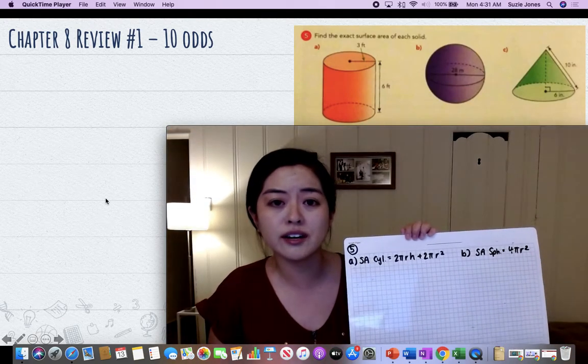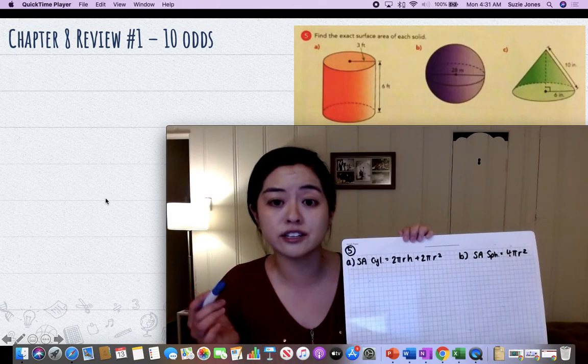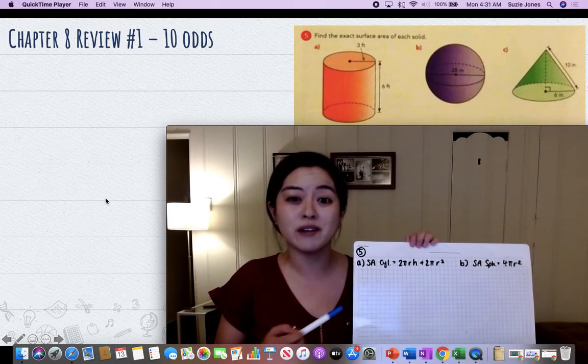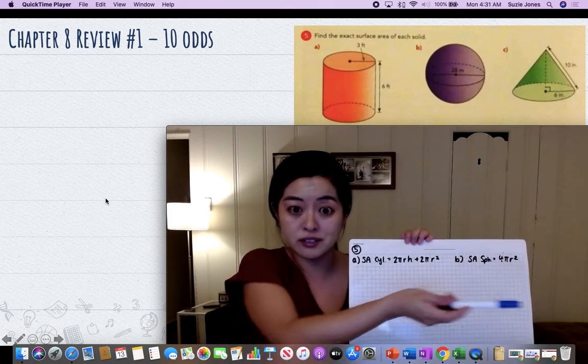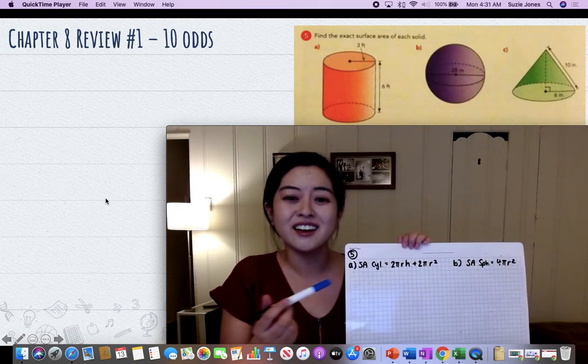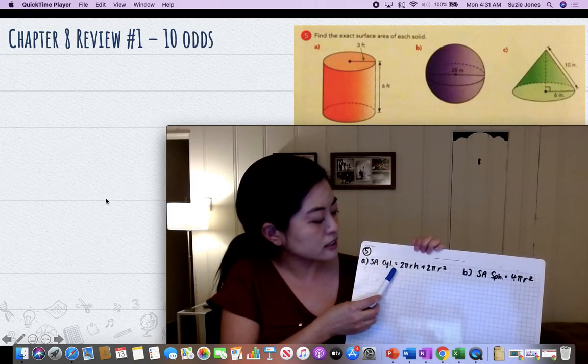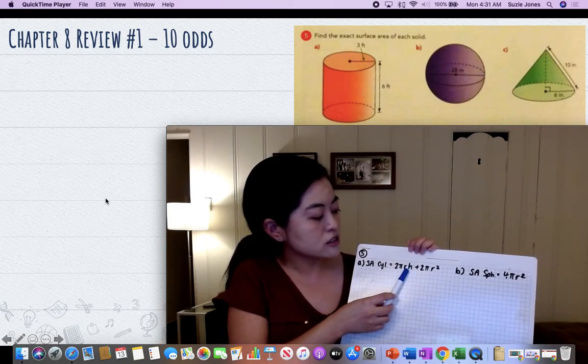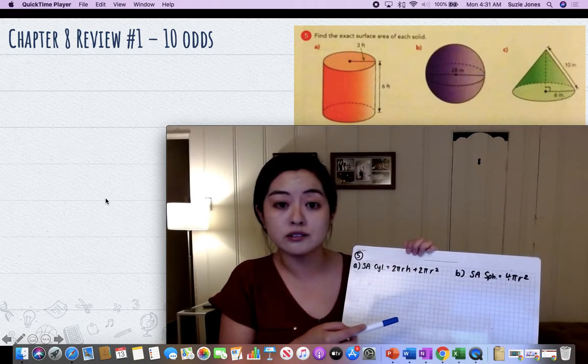And so in 5, it says find the exact surface area of each solid. So there's A, B, and C. I have A here, I have B here, and I have C on another board. So I'll bring it up when it's time to do C. So the surface area of a cylinder is 2 pi RH plus 2 pi R squared.